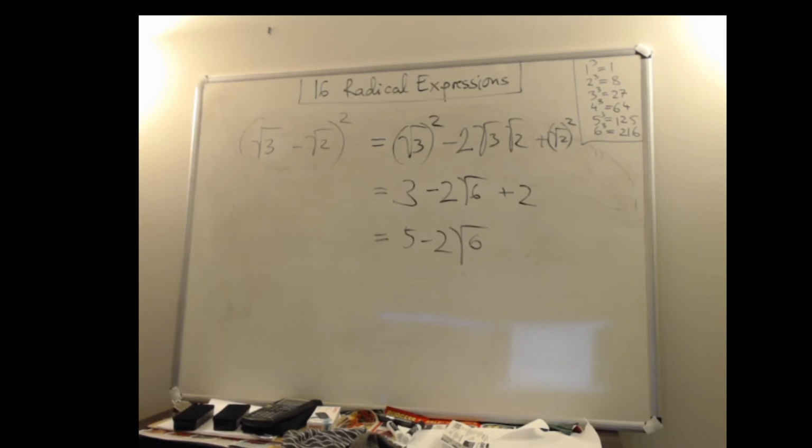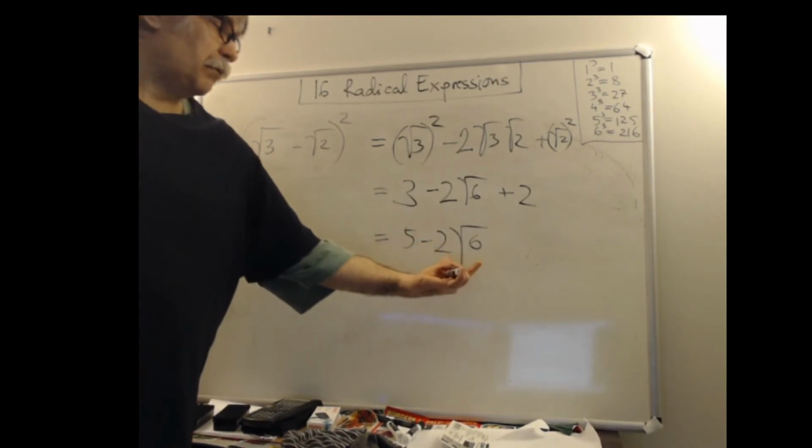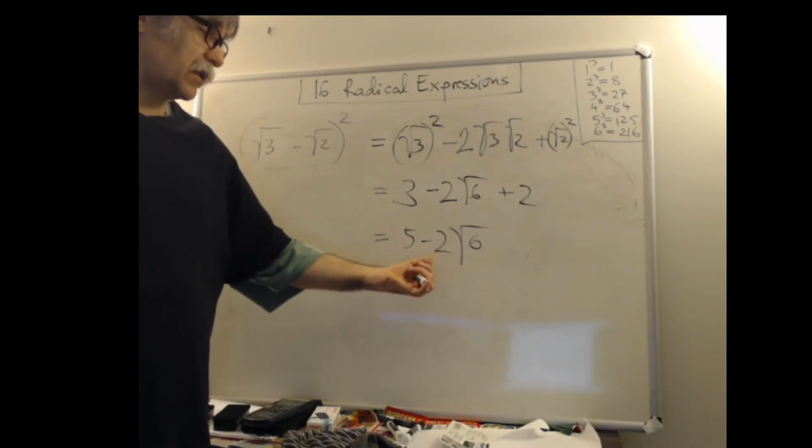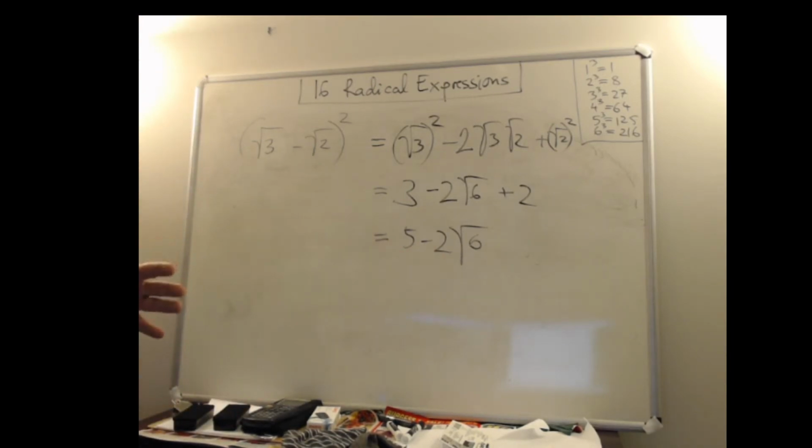What is this number? It's some number whose square is 6 doubled and subtracted from 5. That's what you have here. It's not a nice number. It's not a rational number. It's not a fraction. It's definitely not an integer, 1, 2, 3, 4, 5. It's something else, but it's a perfectly good number. And this is the simplest way you can write it.